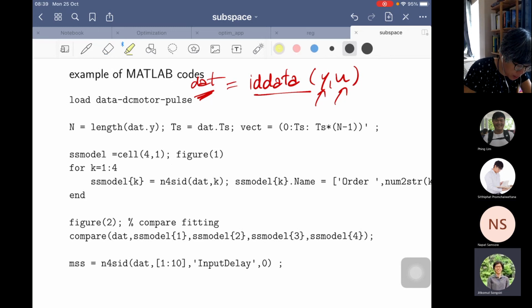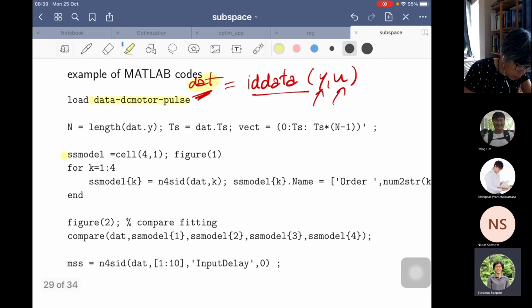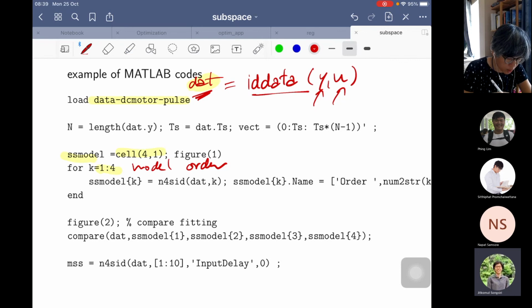Here's some example. I keep the data in this mat file in this structure, and then I load it. I create the model as a cell of 4 by 1 because I want to vary the model order from n equals 1 to n equals 4. I use the command n4sid, and I specify the data and the model order.